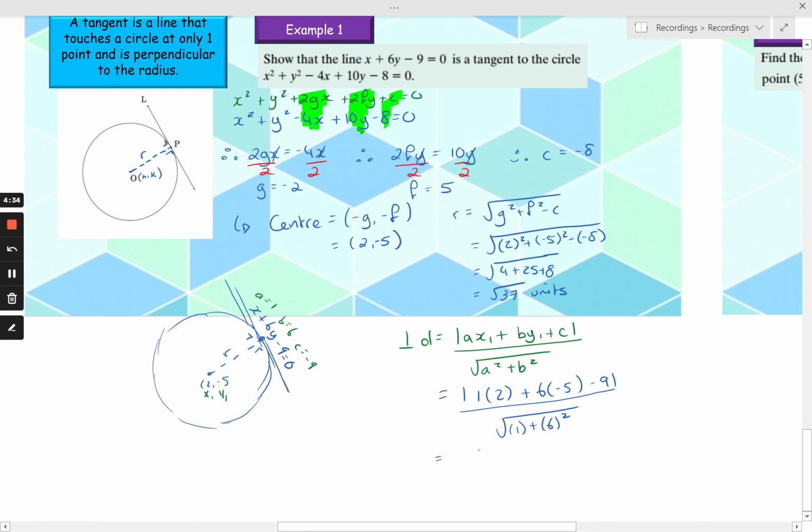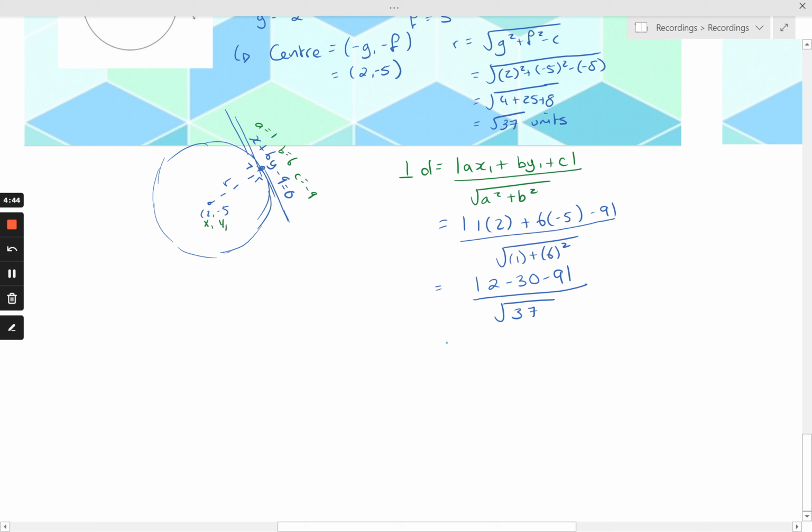Okay? So I get the modulus of 2 minus 30 minus 9 all over the square root of 37, which means what I actually have here is the modulus of minus 37 over root 37, which I know is going to give me the modulus. I can assume that the number inside the modulus is positive, and I have 37 over root 37.